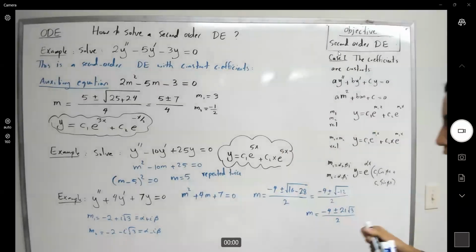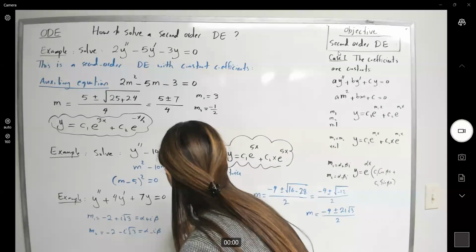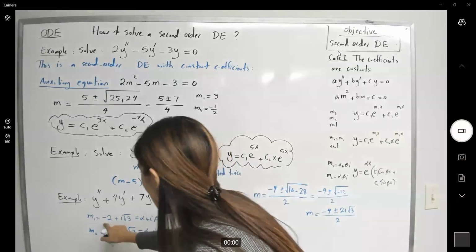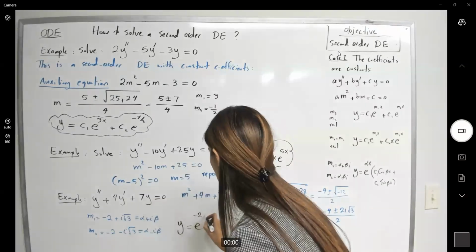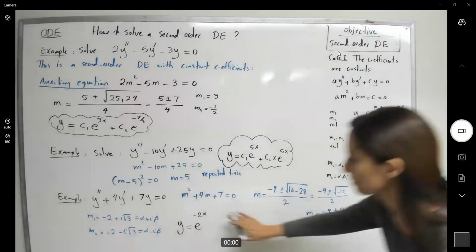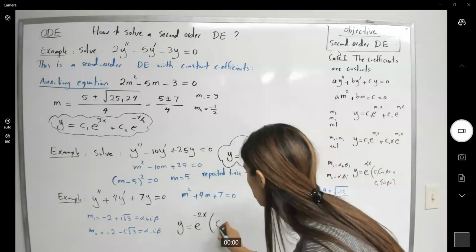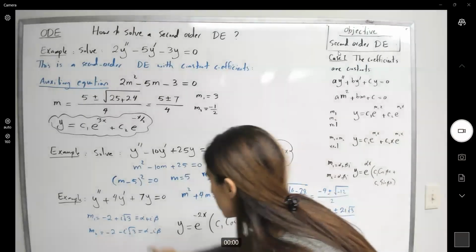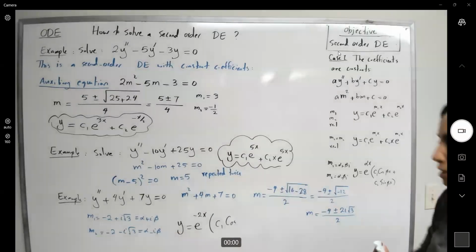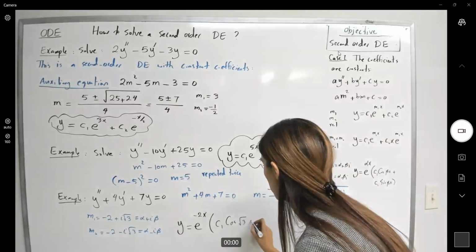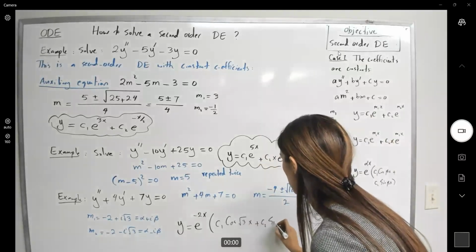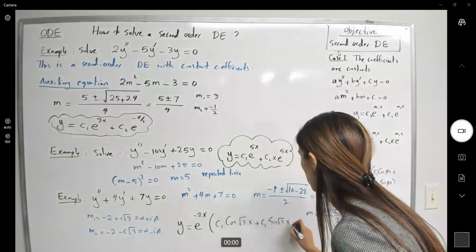In this case, the general solution y becomes e^(-2x) times (c1 cos(√3 x) + c2 sin(√3 x)), where beta is the square root of 3.